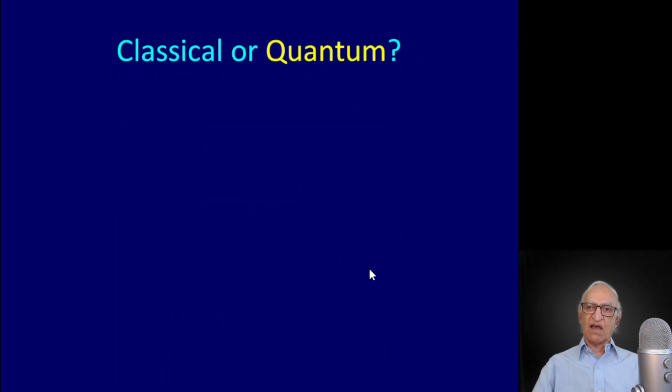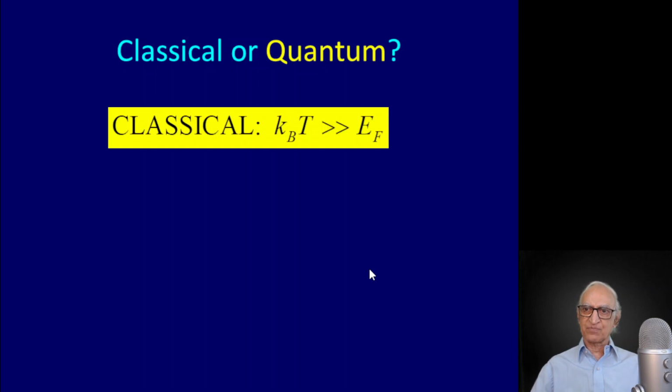Now, how do we tell whether a gas has to be described by classical statistical mechanics or quantum statistical mechanics? The characteristic energy in classical physics is kT. The characteristic energy in Fermi-Dirac statistics is the Fermi energy EF. If the thermal energy kT is much larger than the Fermi energy, then the gas will obey the classical equation of state, namely Boyle's law, if the gas is ideal.